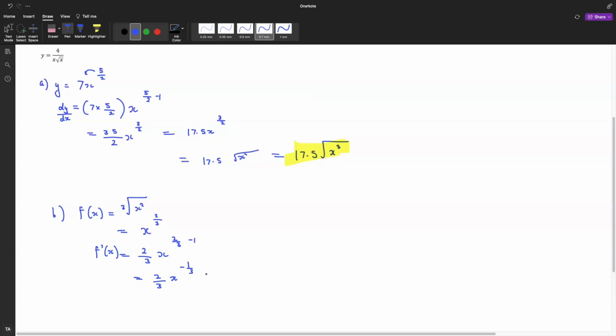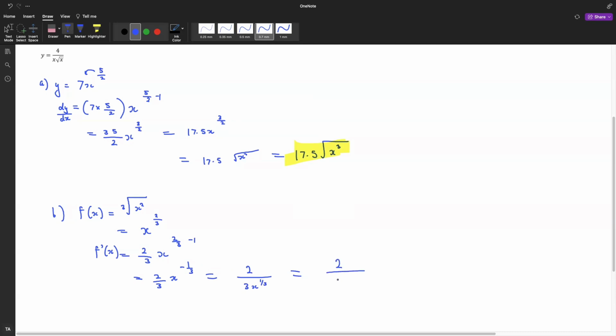Now again, we've got a fractional index here, which we don't want. We also don't like having negative indices, so we're going to convert that back. The first thing we're going to do is bring this to the denominator, so it becomes a positive index. So we have 2/3x to the power of 1/3. And then we can convert this into surd form.